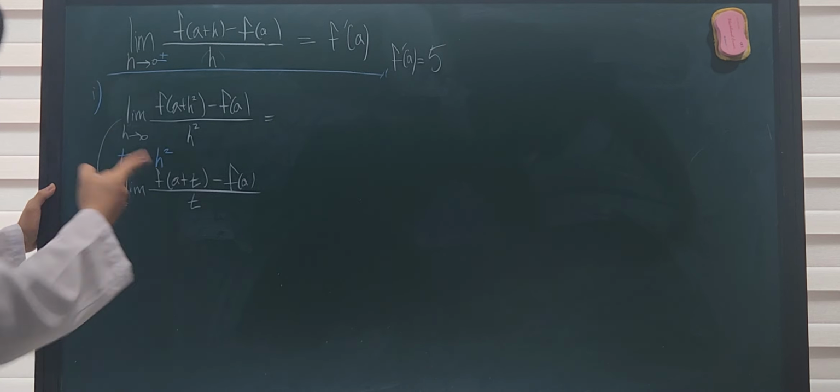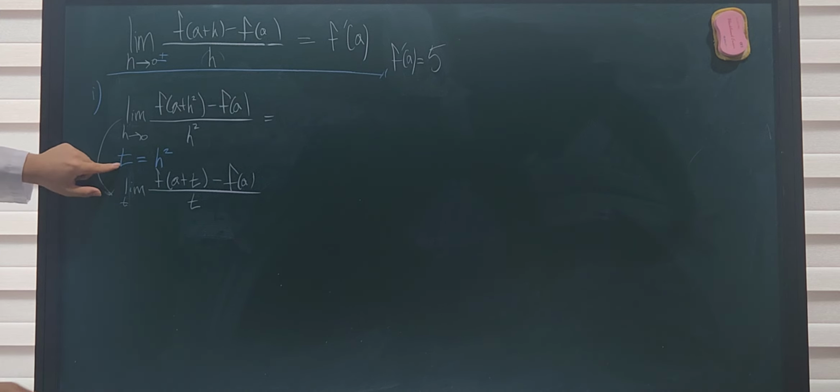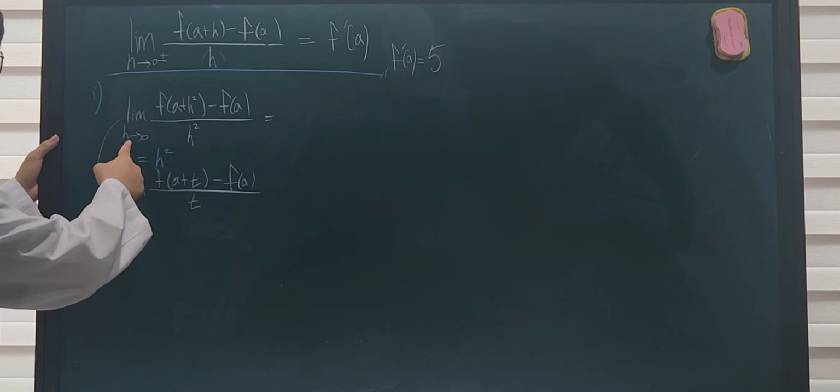I'm sorry for the repetition, but this will be the last time. Since t is equal to h squared, the value which h squared approaches as h approaches 0 from both the positive and the negative side will also be the value which t approaches.